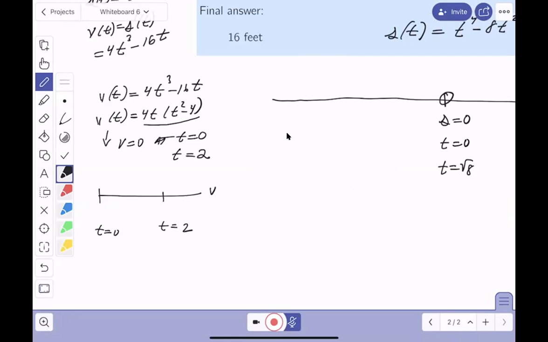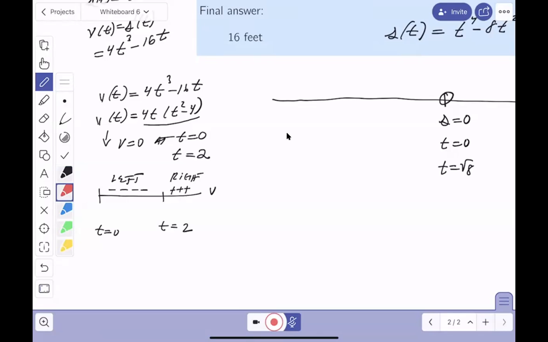I'll take a sample point, like 1. You learned this in Math 119, by the way. It's called sign analysis. That'd be negative. What does that mean? It's moving left. Now, after 2, what would it be? Well, take a number like 3, plug it into the velocity function, and it'll be positive. So what I'm going to claim over here is that means it's moving to the right.